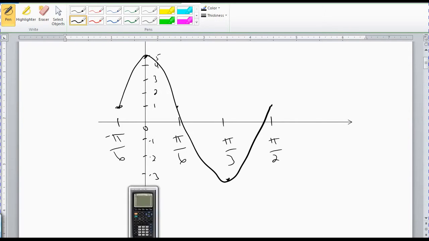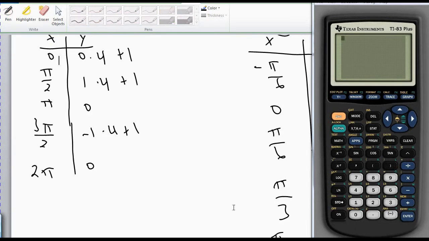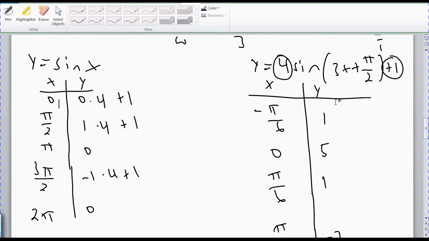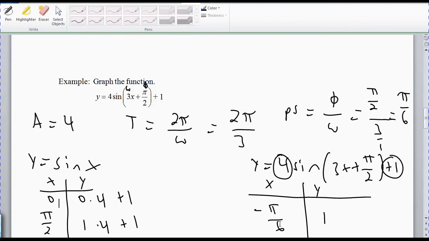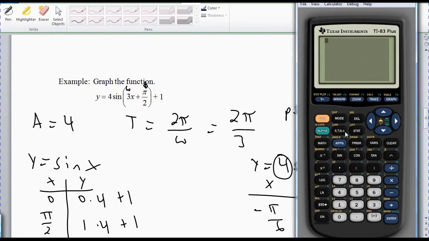But let's look at our graphing calculator just to make sure that everything is what it should be. We're graphing y equals 4 sine 3x plus... Now I'm going to check my mode.